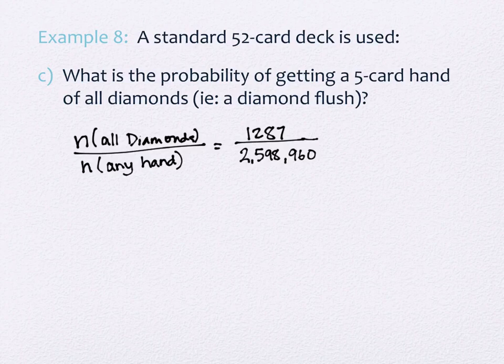So you're definitely going to need a calculator to do that. It's not going to be a nice value. And we're going to write this decimal out to 4 decimal places. So what do you get?